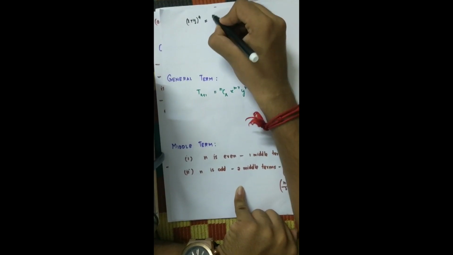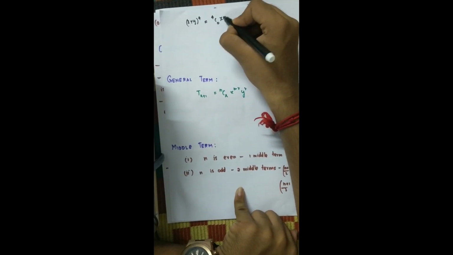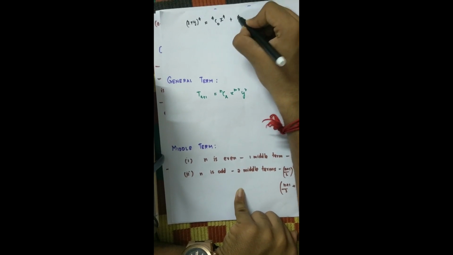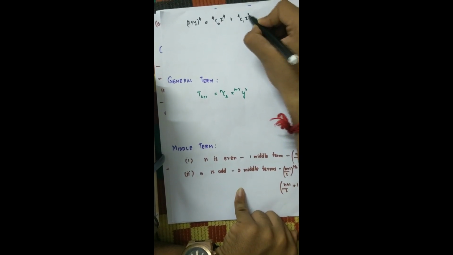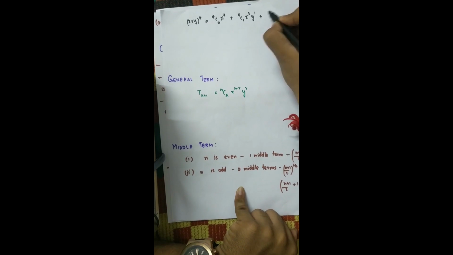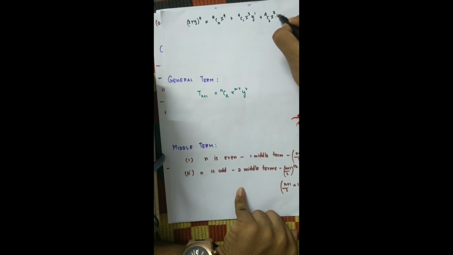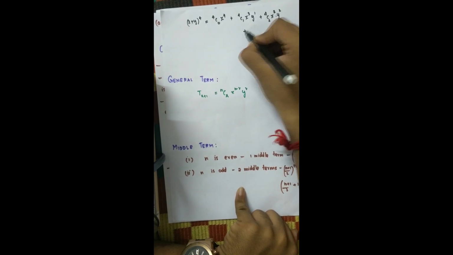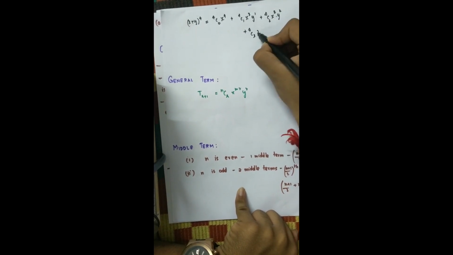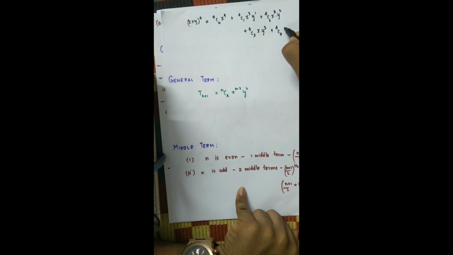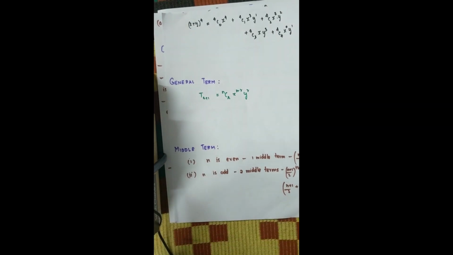So this is going to be 4C0 into x power 4 plus 4C1 into x cube y power 1 plus 4C2 x squared y squared plus 4C3 x y cube plus 4C4 x power 0 y power 4, right?